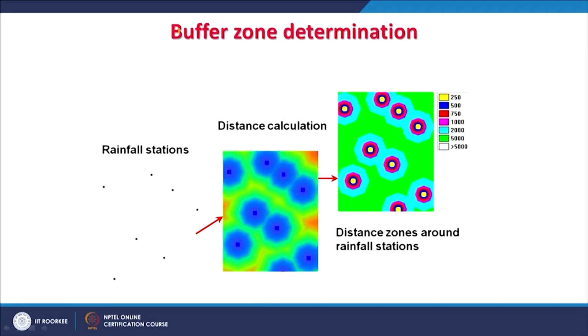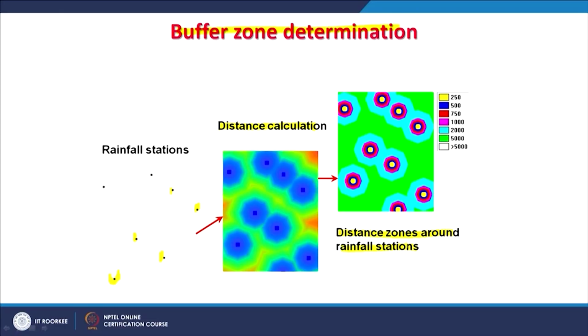Similarly, buffer zone determination using point data can be done if we have rainfall information about certain points. I can do the distance calculation, and finally I get the distance around rainfall stations.